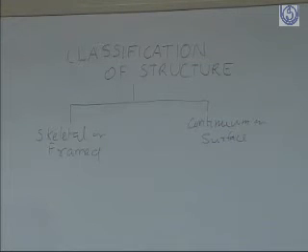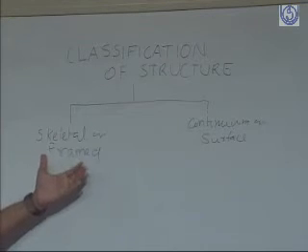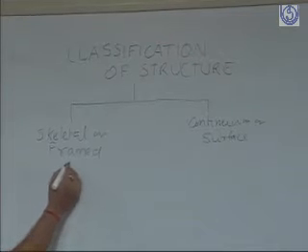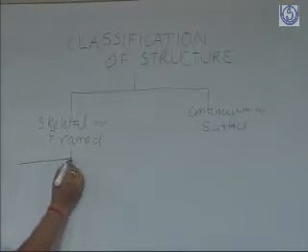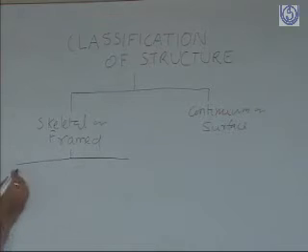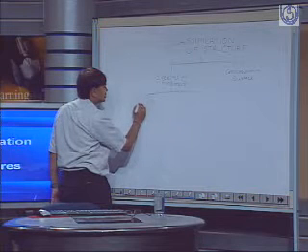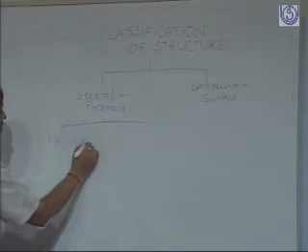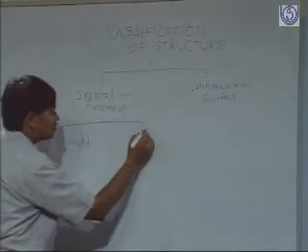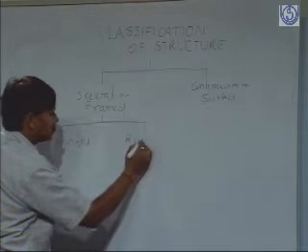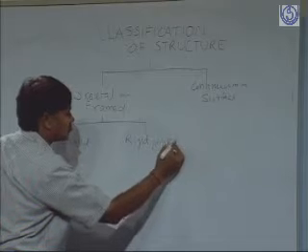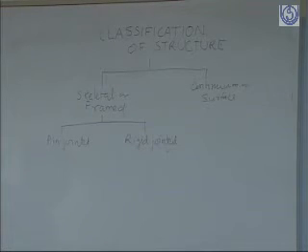Now, so far as we are concerned, in this BTech program, we will be dealing with the skeletal or frame type of structure. If you again classify it, there are pin jointed structures and rigid jointed structures.